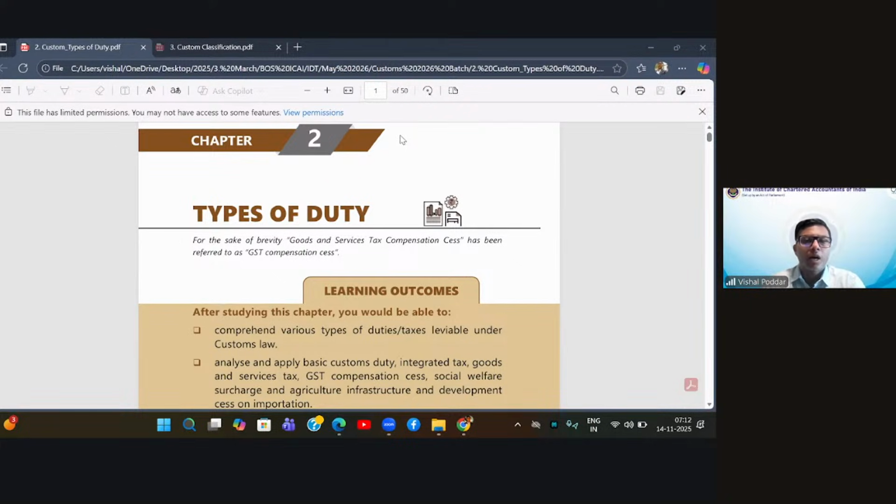All these are collected at the time of import itself by customs. So customs helps in acting as a tool to protect domestic industries, plus serves as a single window system for the government to collect all local taxes at the point of import itself.